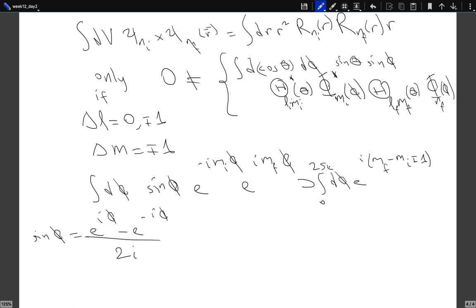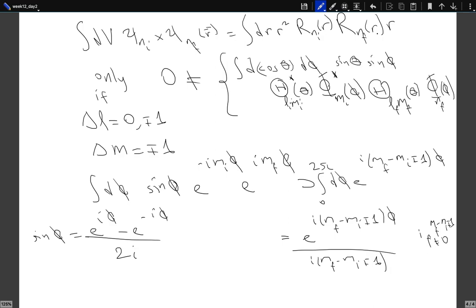Now this integral will be the sum of such terms with constant coefficients. Well, let's evaluate that integral. This is equal to e to power i (mf minus mi plus minus 1) phi over i times (mf minus mi plus minus 1), if mf minus mi plus minus 1 is not equal to 0.